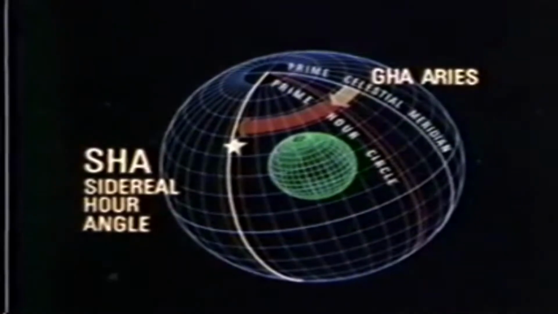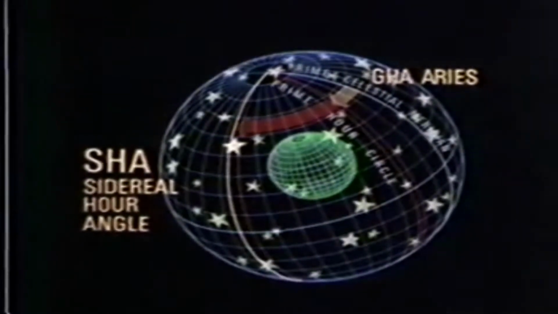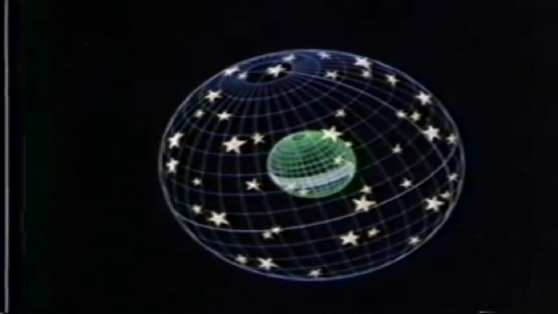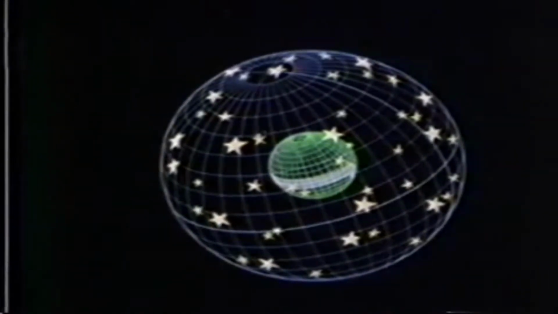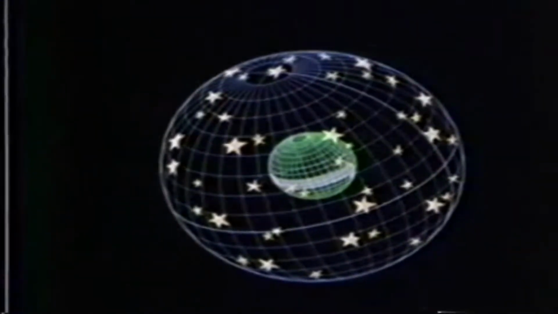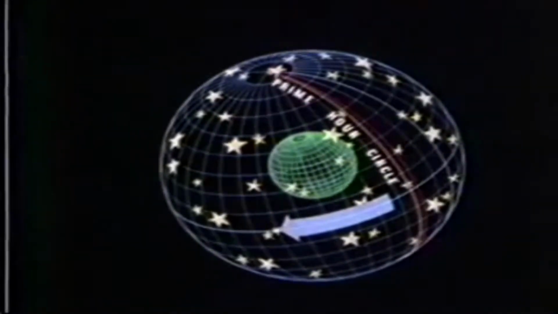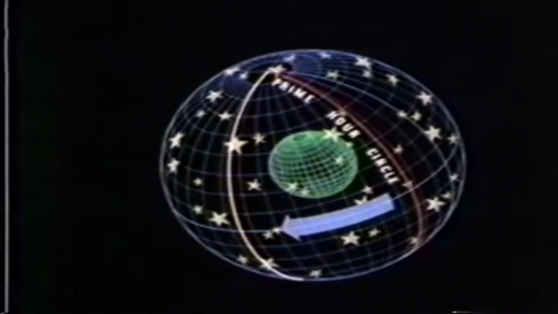This angle never changes. This is important. Remember, stars appear to move because of the Earth's rotation. However, they do not change their position relative to one another. So even though the celestial sphere appears to be moving, the prime hour circle and the hour circles of the stars maintain constant relative positions.